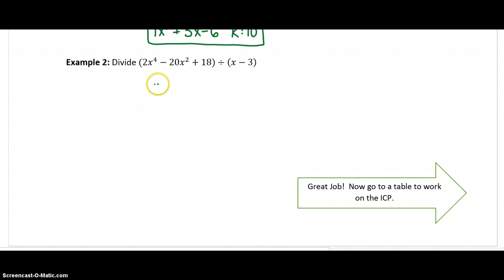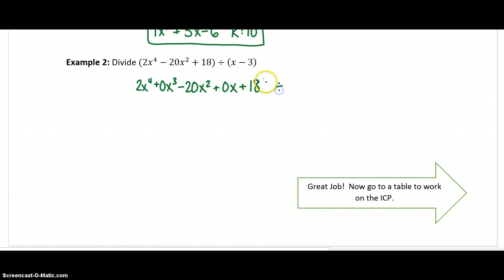That means I'm missing an x to the third, so I need to add that in. So I have 2x to the fourth plus 0x to the third. Then I have my x squared. But then up here I jump straight to the constant, which means I'm missing another term, my 0x. So in this case, I was actually missing two terms. And that's okay. That just means you have to add both of them in with zeros.